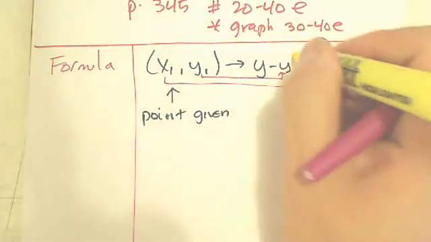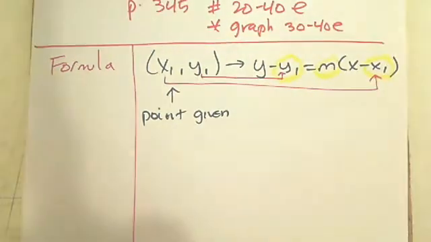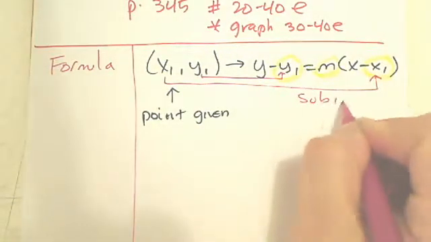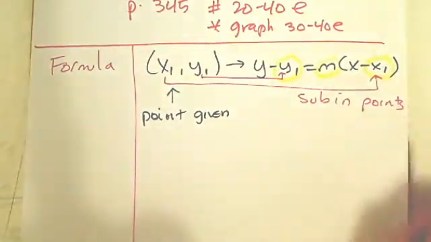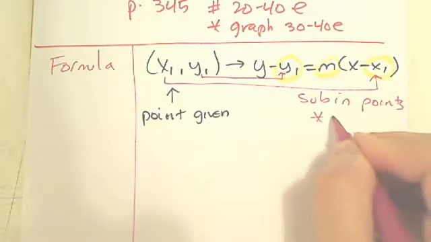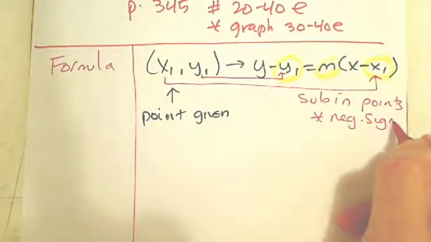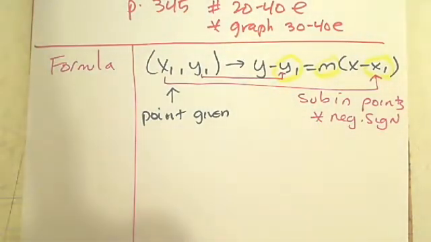That equation will give you the equation of a line once you solve it out. Be careful about your negative signs.